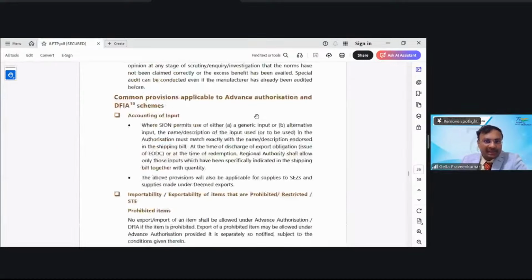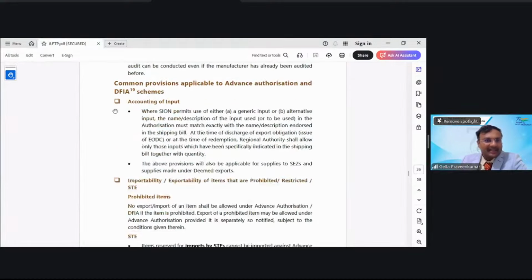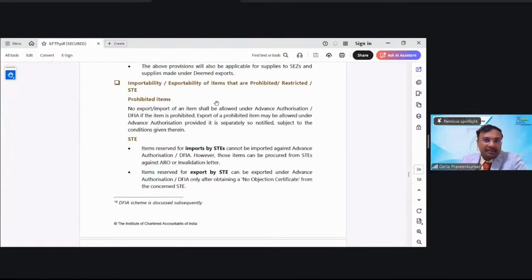Now, common similarities. Accounting for input output. Both DFIA and AA have to prove that these goods which have come, AA is actual user condition. I have to import, use, and then export back. Importability, exportability of items: prohibited, restricted. Prohibited items, advance or DFIA, no permission.